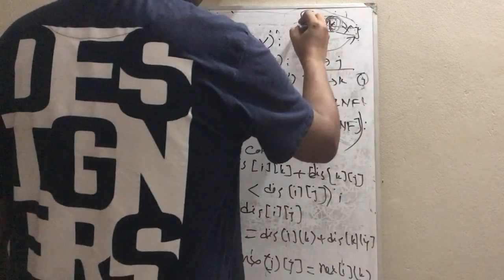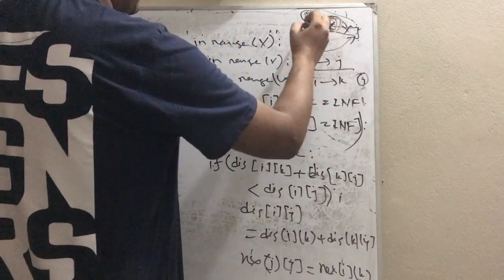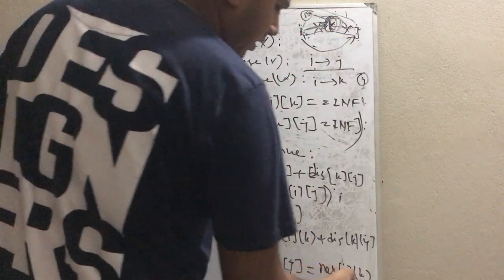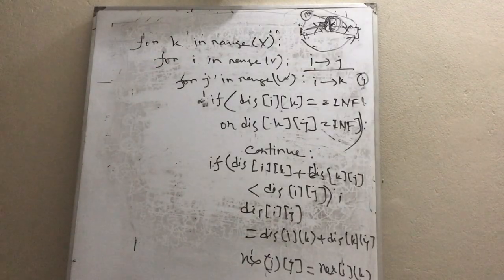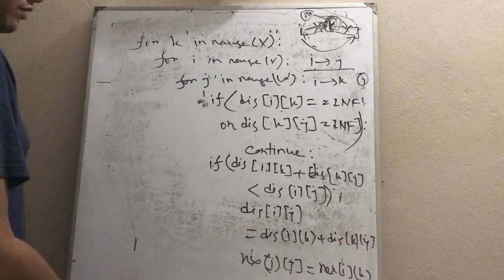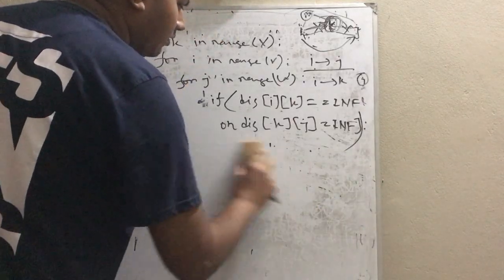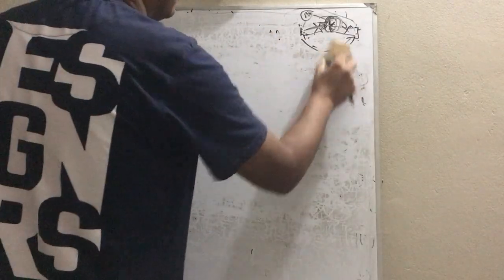So what is the next value of i? m. So this is the i to k next value, i to m, and so next i to j equal next i to k. Is it visible? Yeah. So we found the distance, and we found the next path we should take to travel.